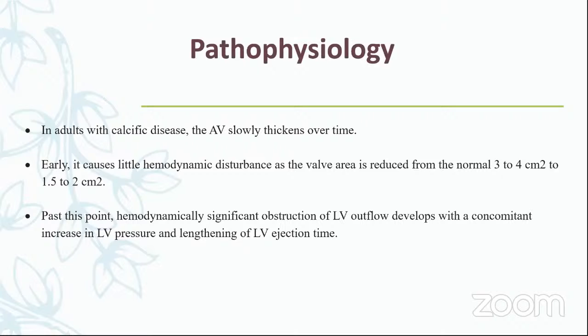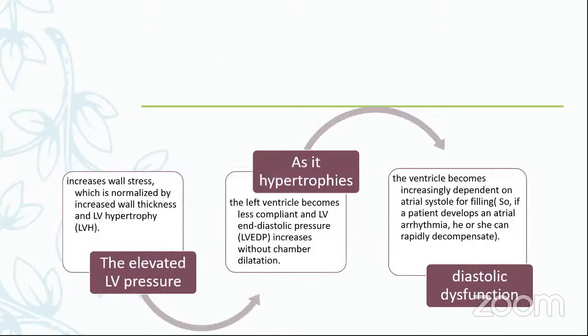Past this point, hemodynamically significant obstruction of the LVOT will develop, associated with an increase in LV pressure and lengthening of the LV ejection time. As the LV pressure increases, this leads to increased wall stress, which is normalized by increased wall thickness and results in LVH.